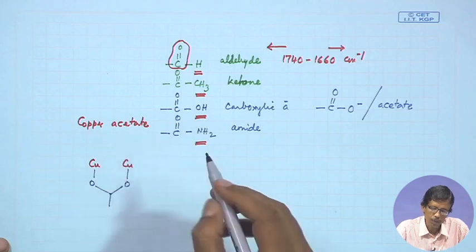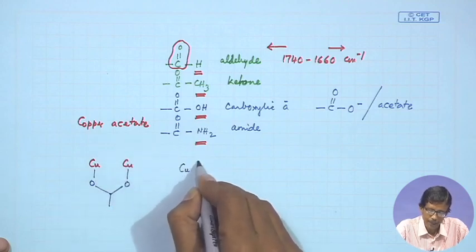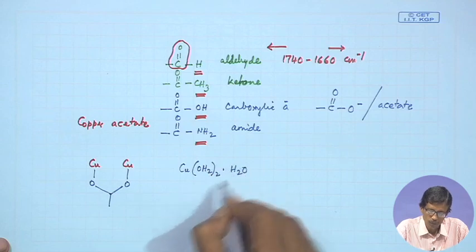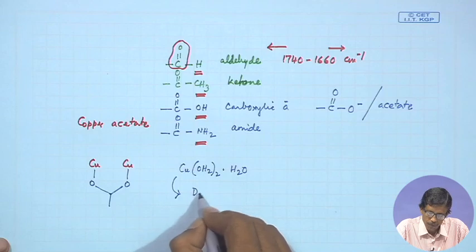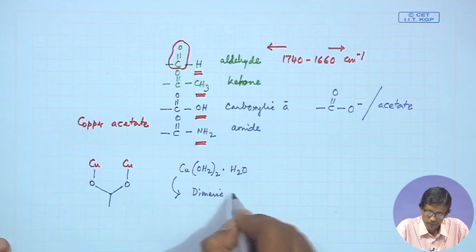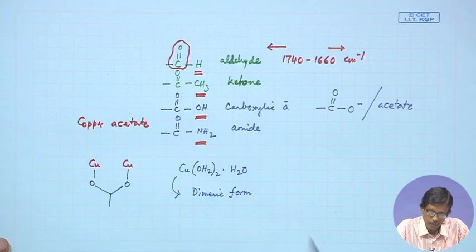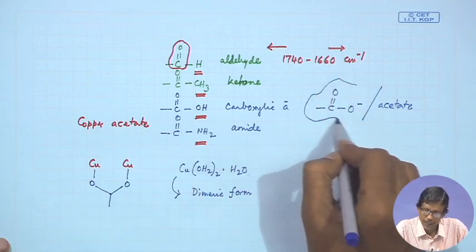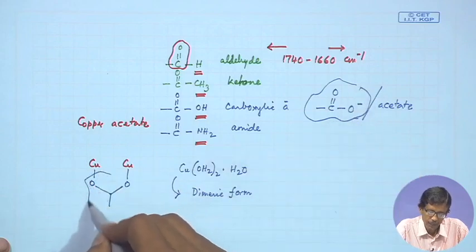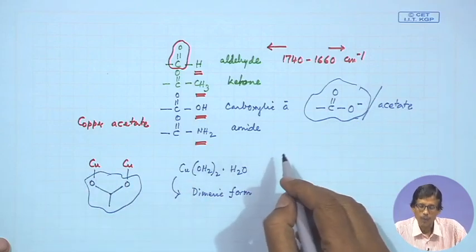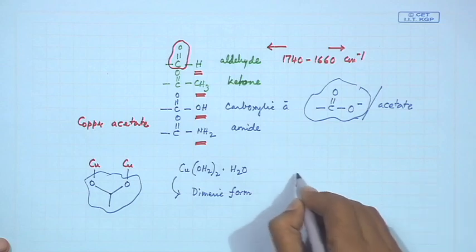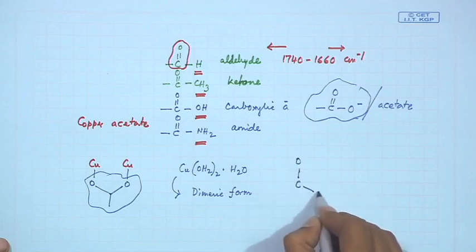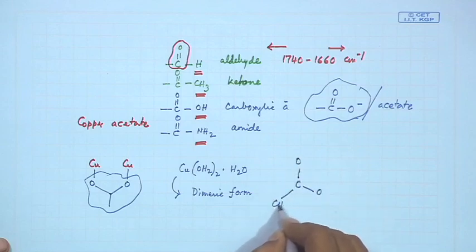So, for this copper acetate, the exact formula we write is with 1H2O, but it is in the dimeric form. And if we write this acetate function in this fashion, you have the carbon, you have the oxygen, and you have the other oxygen and the CH3.